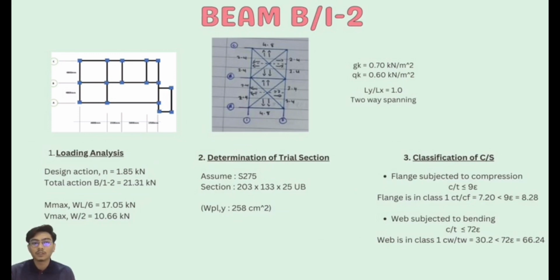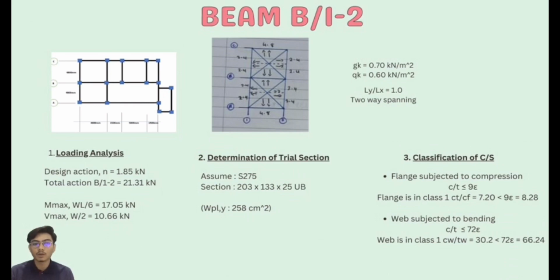The next step is classification of the cross section. We must find the flange subject to compression. The formula is C over T less than 9 epsilon. This flange is in class 1, CT over CF equal to 7.20 is less than 9 epsilon equal to 8.28.